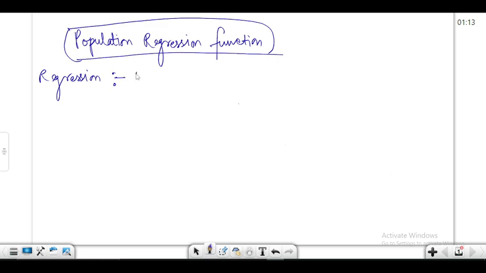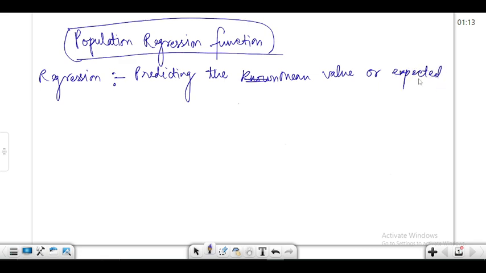So predicting the mean value, or expected value, of the dependent variable, I'll call it y, given a set of values of your independent variable, that is your x.